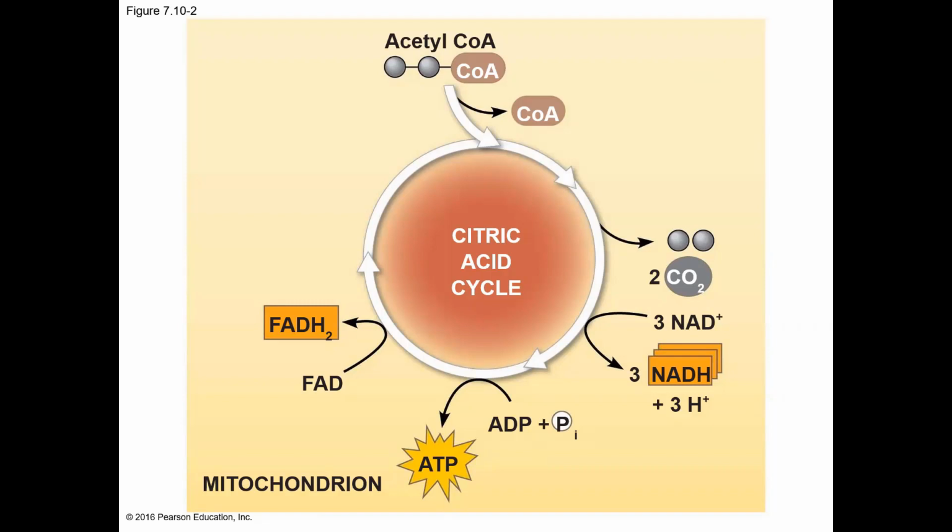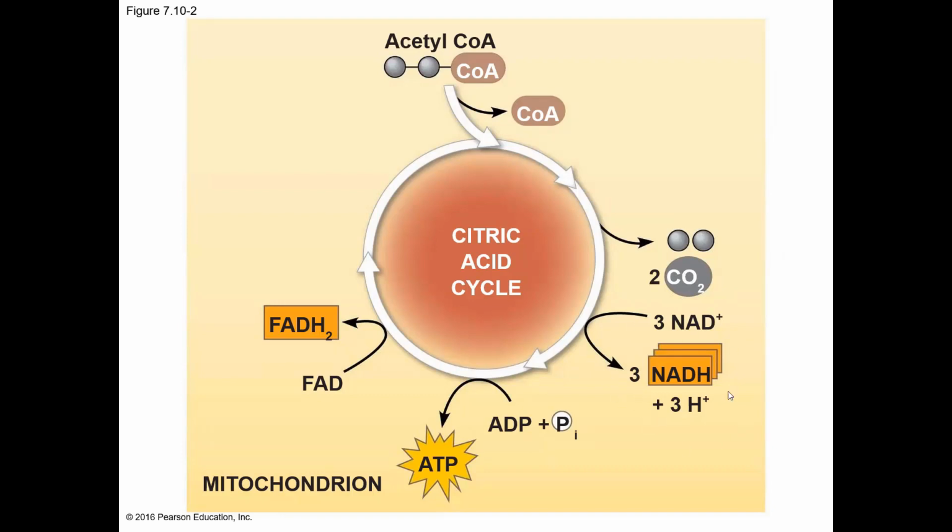The coenzyme gets released. And during that process, it's a series of reactions that occur, and we end up releasing two carbon dioxide molecules, because CO2 is one carbon molecule. So the acetyl group gets broken down, and we end up with 2 carbon dioxide for every acetyl group.